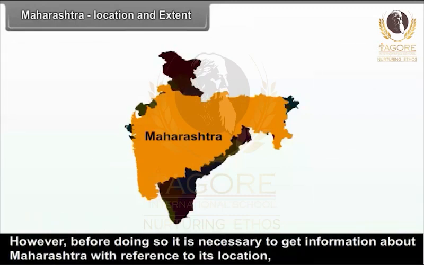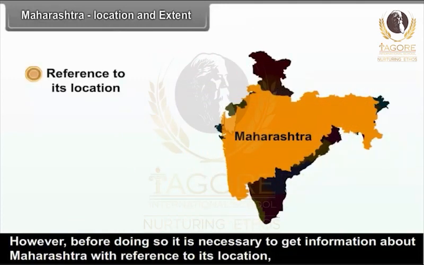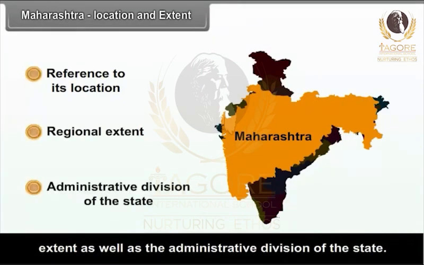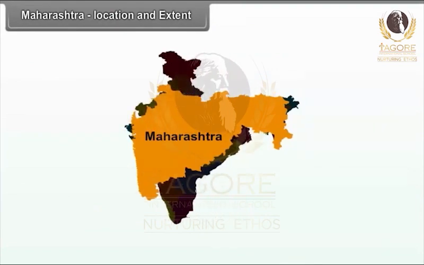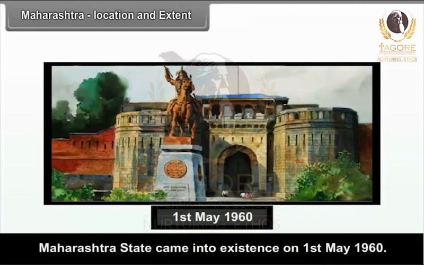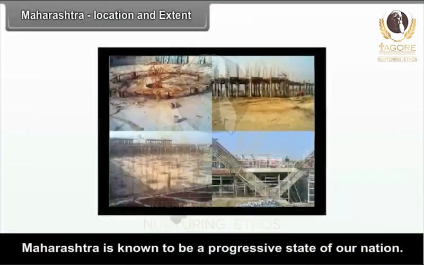However, before doing so, it is necessary to get information about Maharashtra with reference to its location, extent as well as the administrative divisions of the state. Maharashtra, location and extent. Maharashtra state came into existence on 1st May 1960. Maharashtra is known to be a progressive state of our nation.